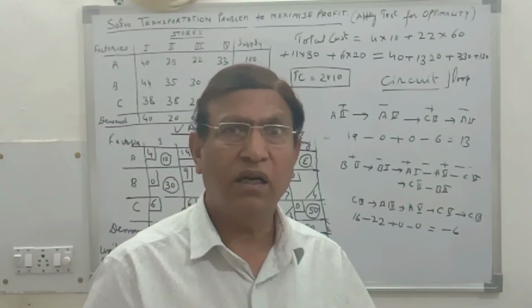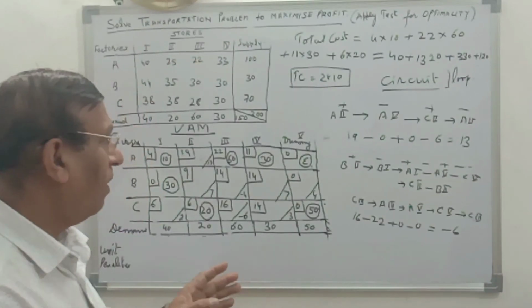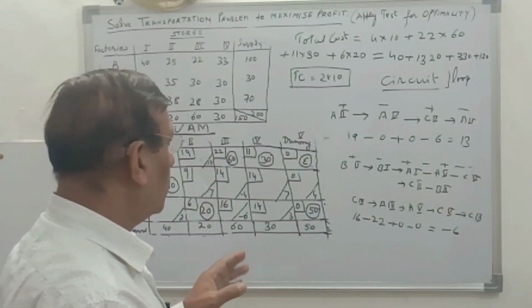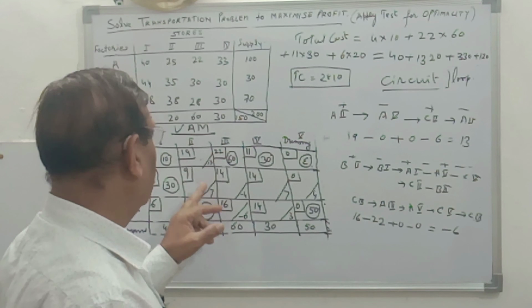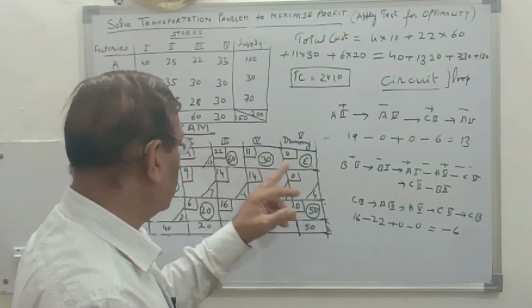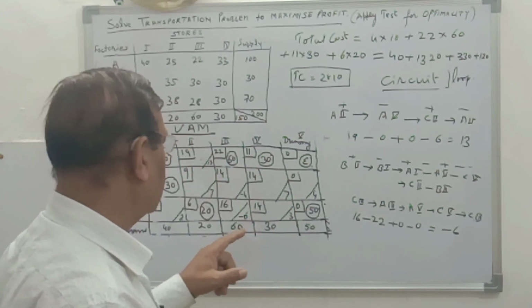Always turn at the 90 degree. So our purpose is to calculate the opportunity cost of all the blank cells.